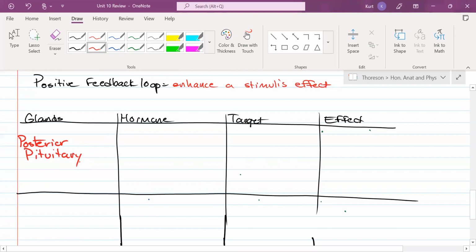Does it produce its own hormones? Negative. What two hormones does it store? Oxytocin and antidiuretic hormone. What is antidiuretic hormone's abbreviation? What is the target of oxytocin?